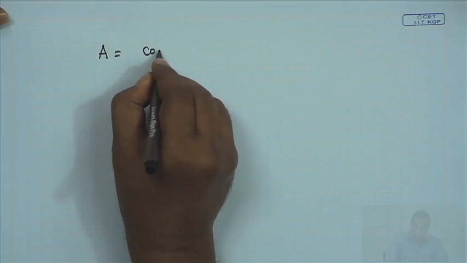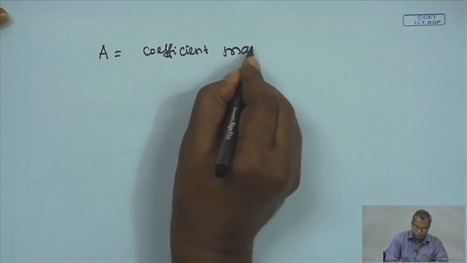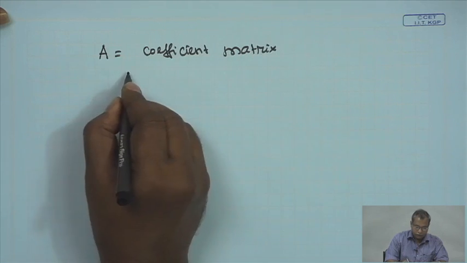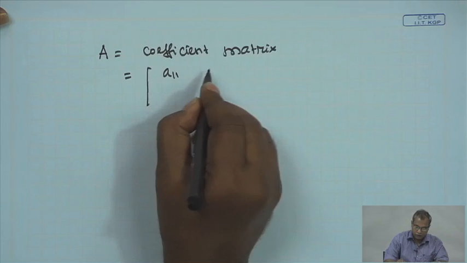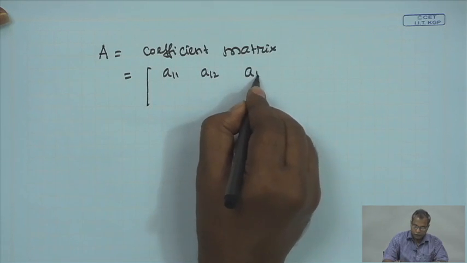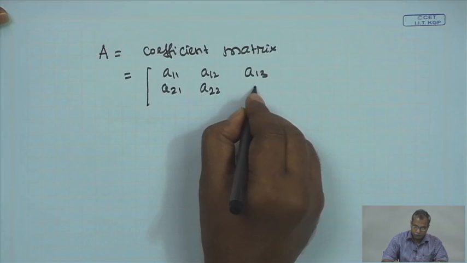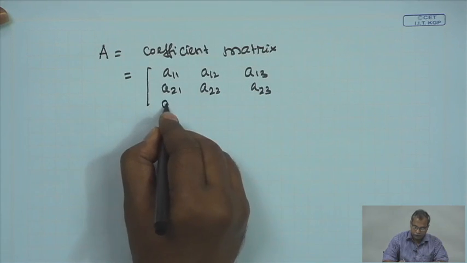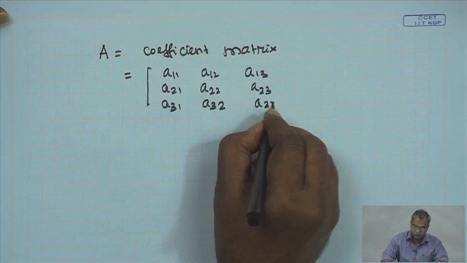Now, let us write down the coefficient matrix of these 9 terms. If you write down the coefficient matrix, A becomes the coefficient matrix. The coefficient matrix will be nothing but A11, A12, A13, A21, A22, A23, A31, A32, A33.